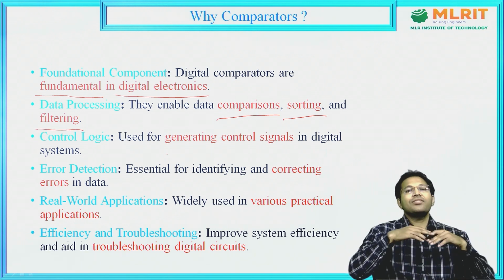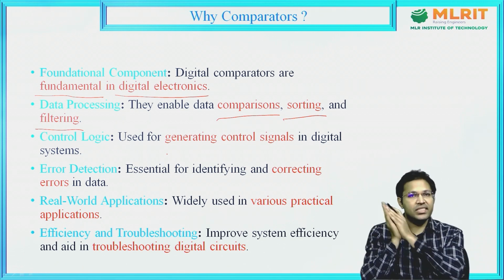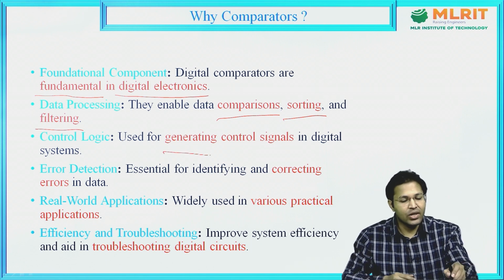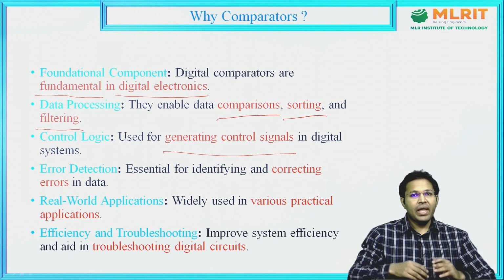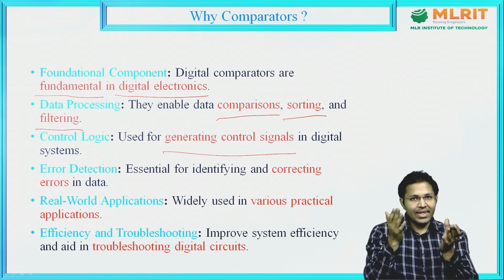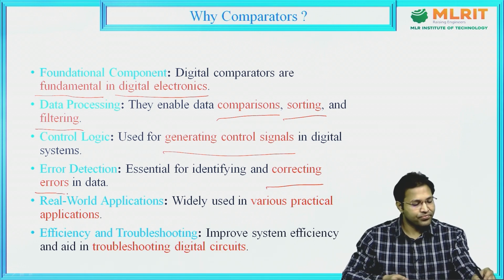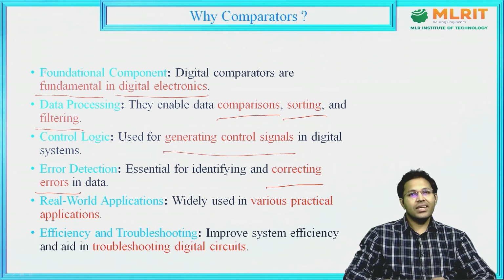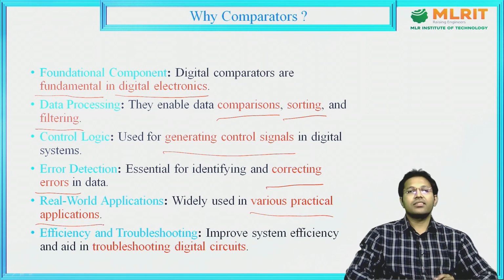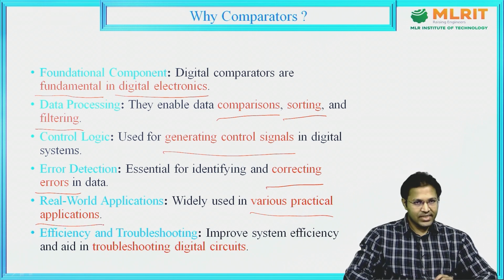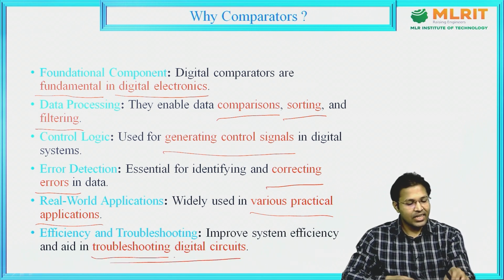Also, based on the value compared, there could be some control operations, and those control signals can be generated. And when we compare, there is also scope for correcting errors. As a result, comparators are useful in various practical applications. Not only these, but they are also useful for troubleshooting digital circuits.